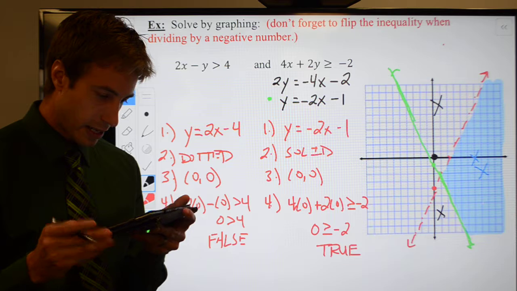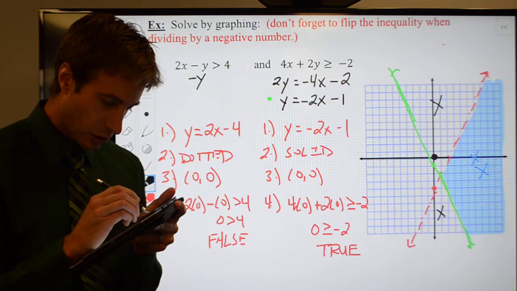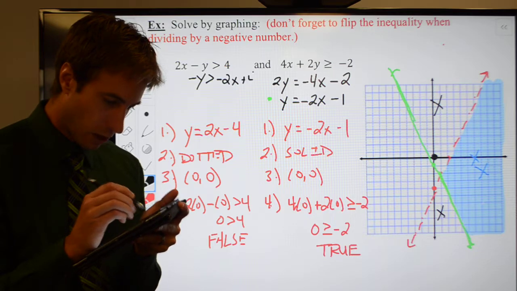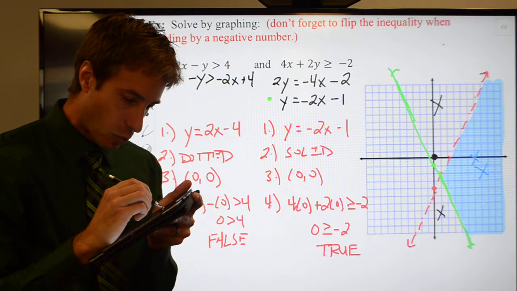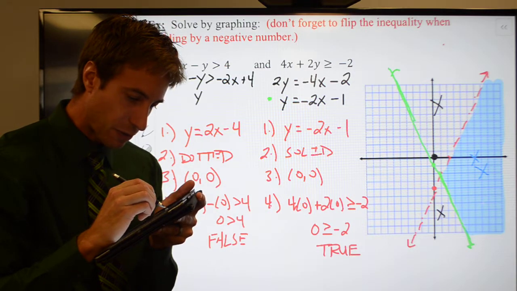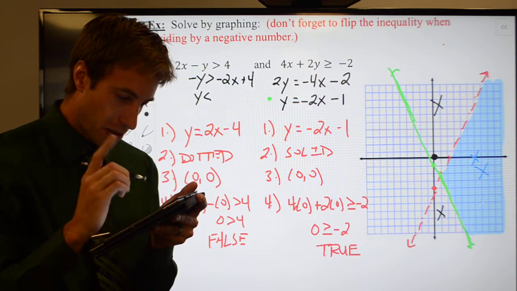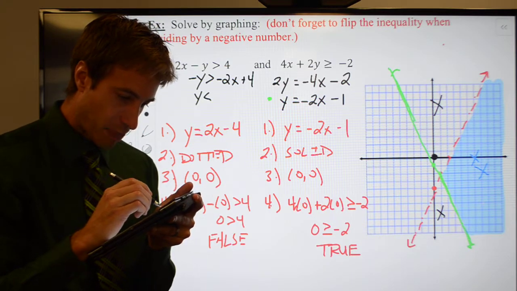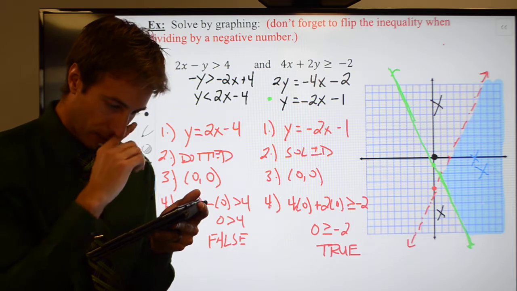I'm going to wind up with a negative y is greater than or equal to a negative 2x plus 4. I divide everybody by the negative to get the y by itself, which means I have to flip the inequality, and I wind up then with a positive 2x minus 4.